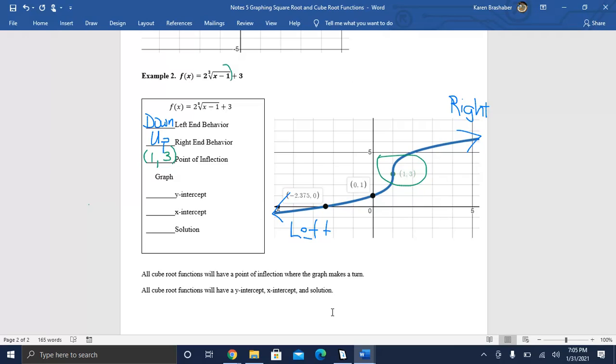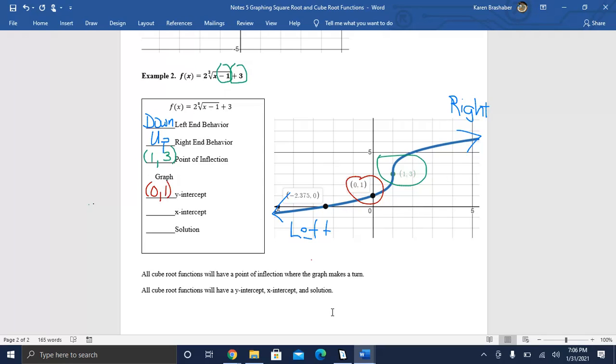If you'll notice, opposite sign, but inside the root, that's your x, and then same sign outside the root is your y, 1, 3. These types of graphs have points of inflection instead of initial points. Then your y-intercept taken from the graph is 0, 1, and that's where the graph crosses the y-axis, so 0, 1.